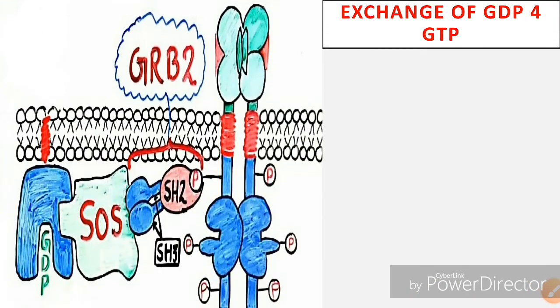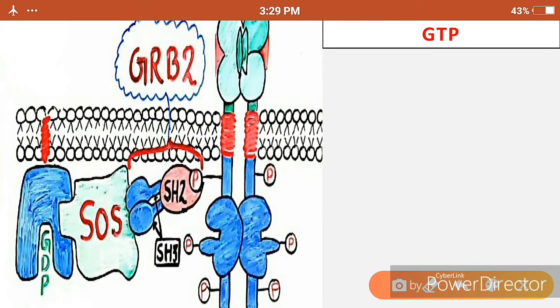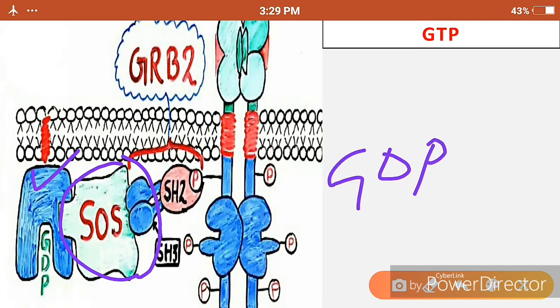Now let's know how GDP is exchanged for GTP. Following the ligand binding activation of the receptor, the SOS protein, which is the guanine nucleotide exchange factor, comes very near to the RAS bound with GDP. The binding of the SOS to the RAS protein releases GDP.